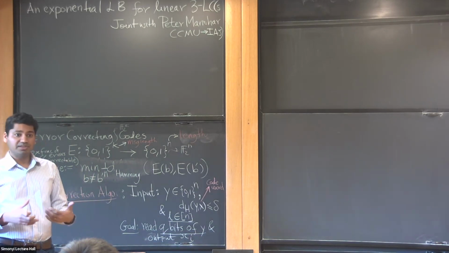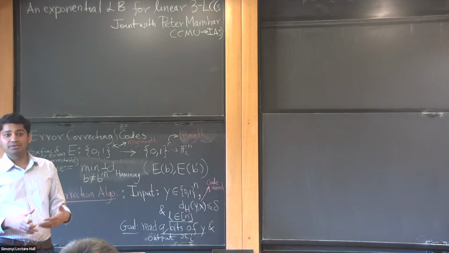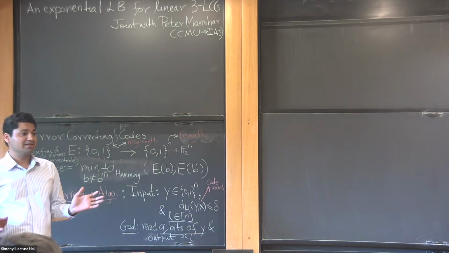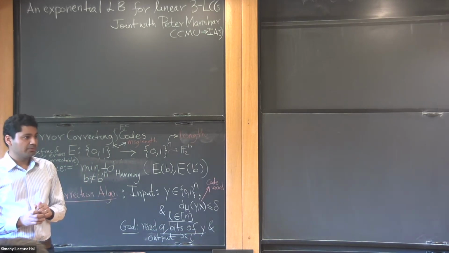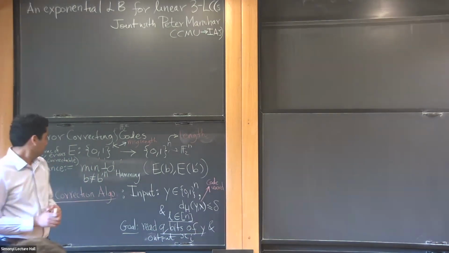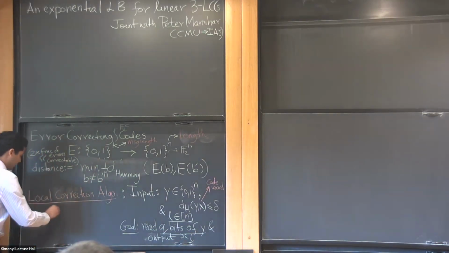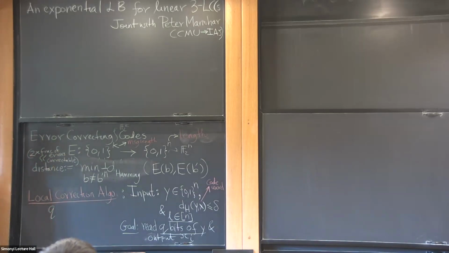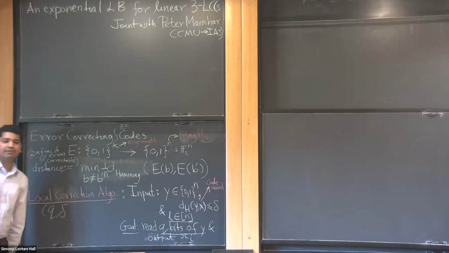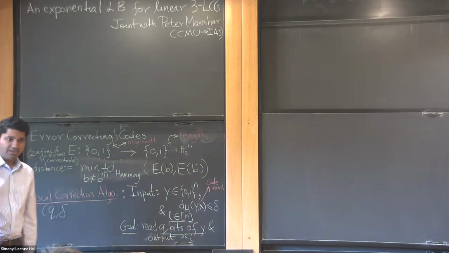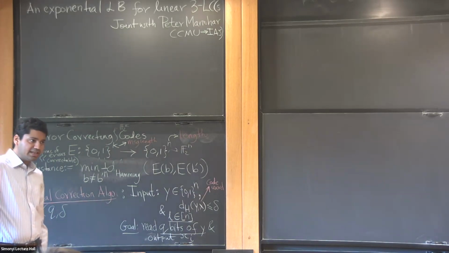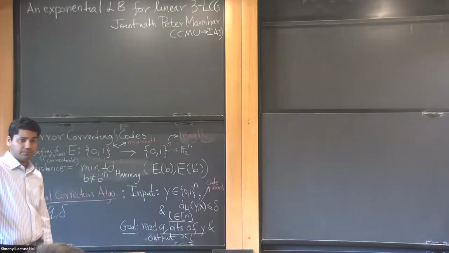So our goal is to somehow decode the ith bit of the uncorrupted code word we intended to send by reading, let's say, 2 or 3 bits of the corrupted code word. So this algorithm has 2 relevant parameters that you see already, Q and delta. Delta is the fraction of corruptions it can tolerate, and Q is the number of queries it needs to decode any bit of the transmitted code word.